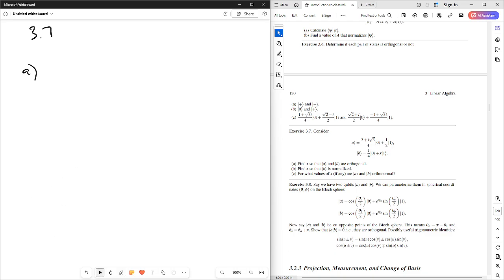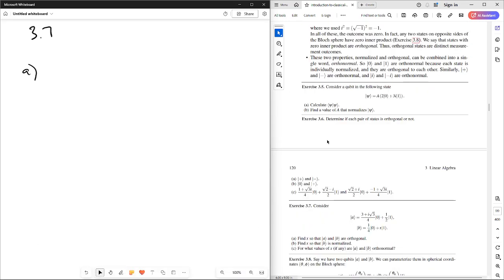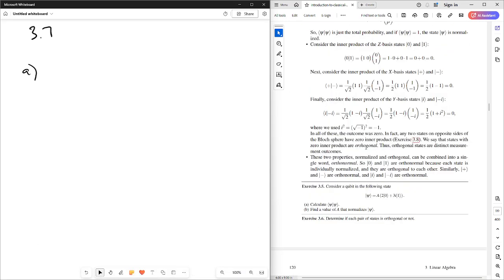Sorry, I apologize, I didn't see this. What's the difference between orthogonality and orthonormality? Orthogonal means that they have an inner product of 0.